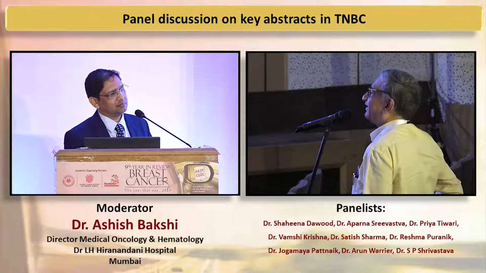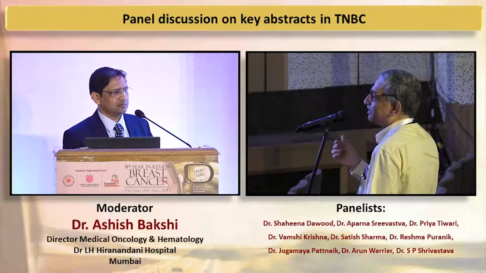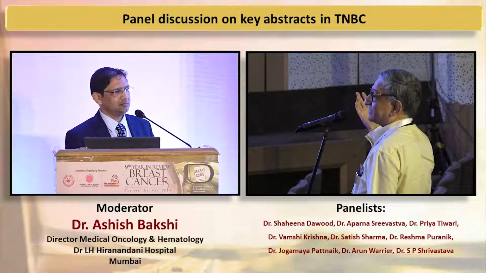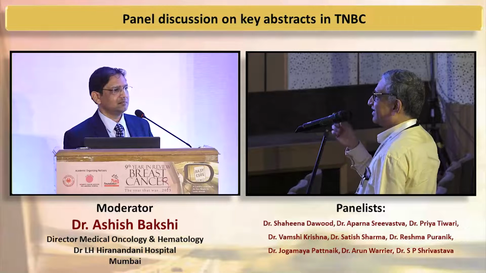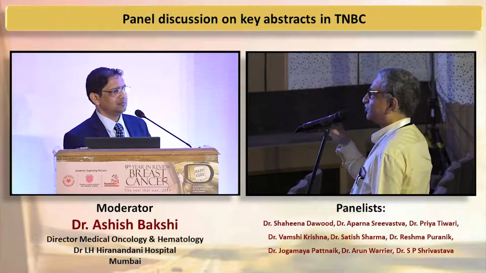So for example, if I gave neoadjuvant immunotherapy and chemotherapy to somebody with a 2.1 centimeter tumor versus a 6 centimeter tumor, I think maybe those two should be treated differently, node negative versus a node positive patient.